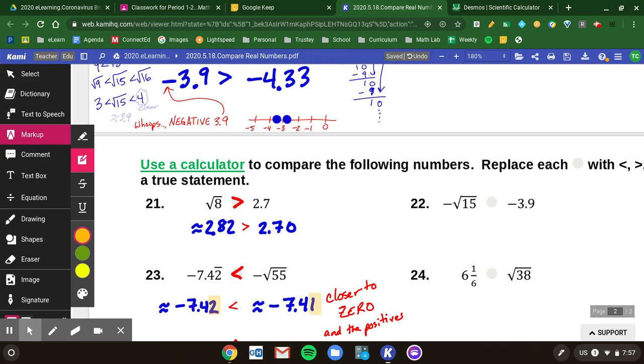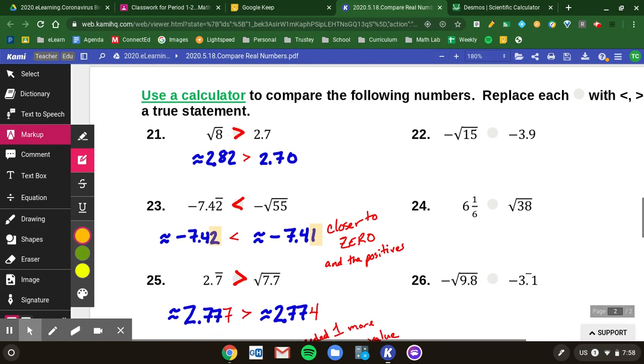Remember, we're talking negatives or opposites. So negative 7 42 hundredths is less than negative 7 41 hundredths. Again, those are approximate, but that tells us that negative 7.42 repeated is going to be less than the opposite of the square root of 55. Remember the negatives. Be careful when comparing negatives.